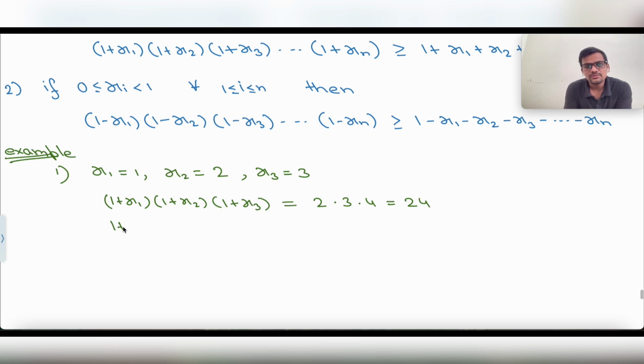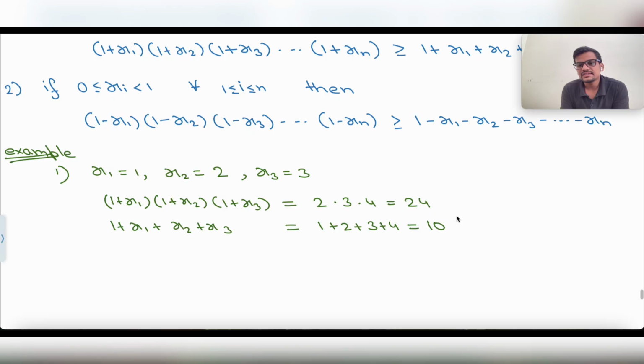Now if you see the value of 1 + x1 + x2 + x3, this will be equal to 1 plus 2 plus 3 plus 4, and that is equal to 10.